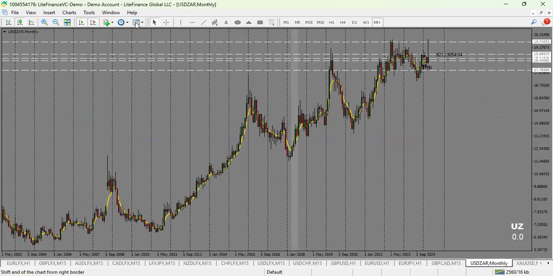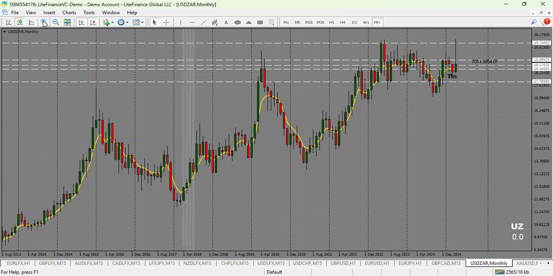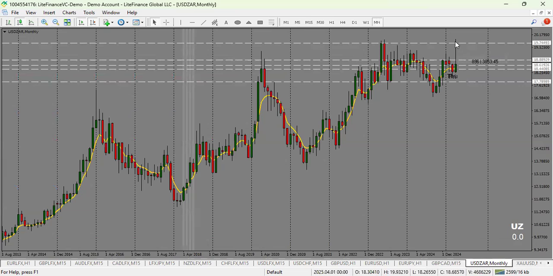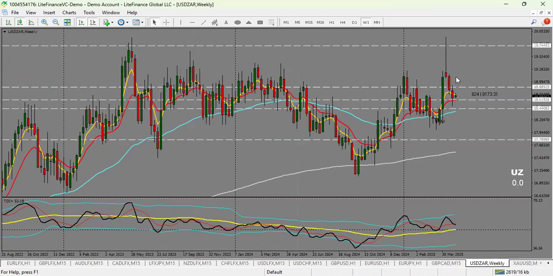We have also been analyzing this pair, and USDZAR has been on this high. So this is the highest USDZAR has ever gone. So you can see price actually rejected that high, and we had that bearish move, and I am on a swing trade on this.